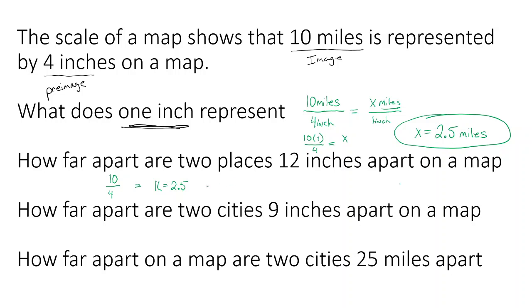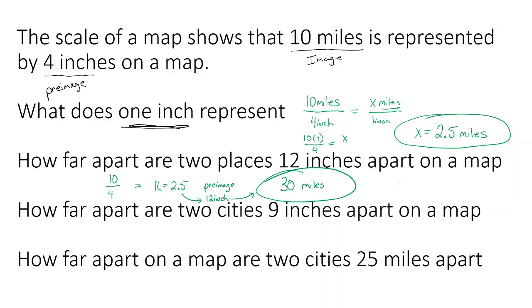So this time we have 12 as our pre-image, and we know the k-factor is 2.5. So we'll take 12 times 2.5 to get that they would be 30 miles apart. I got that by 2.5, the k-factor, times the 12 inches to get 30 miles.